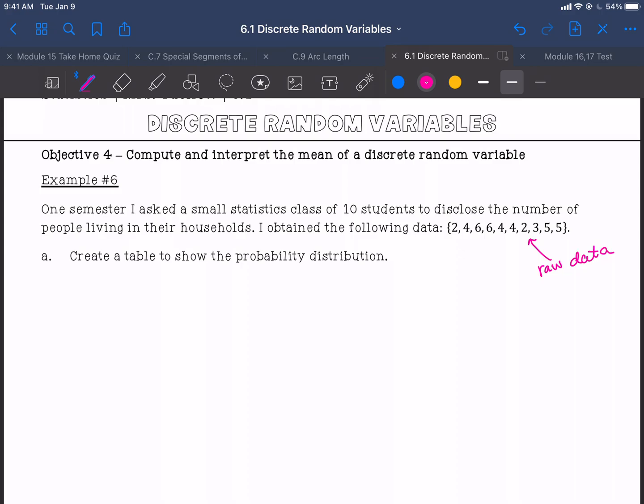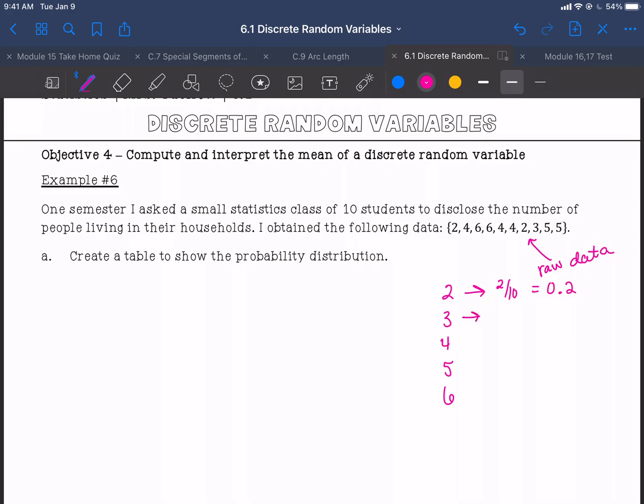Create a table to show the probability distributions. Okay, well I see my smallest number is 2. We could have 3 people, 4 people, 5 people, and the largest number is 6 people. We know there's 10 students, so those that have 2 in their household is 2 out of 10, which is 0.2.